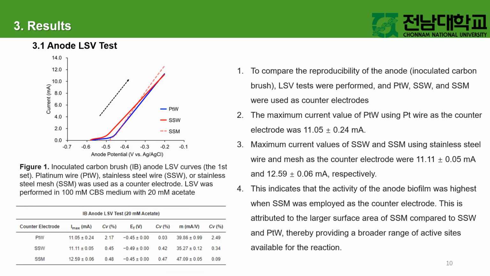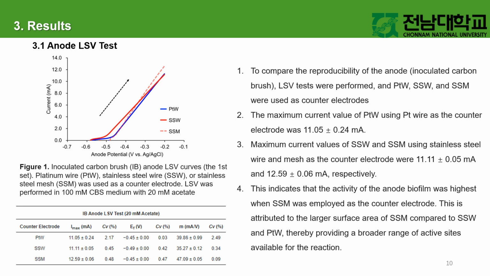In this table and figure, the maximum current value of point W using point wire as the counter-electrode was 11.05 ± 0.24 mA. Maximum current values of SSW and SSM using stainless steel wire and mesh as the counter-electrode were 11.11 ± 0.05 mA and 12.59 ± 0.06 mA, respectively.